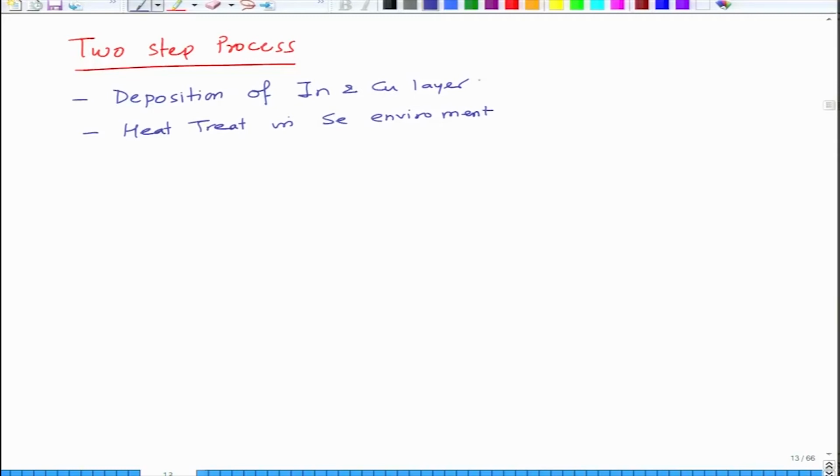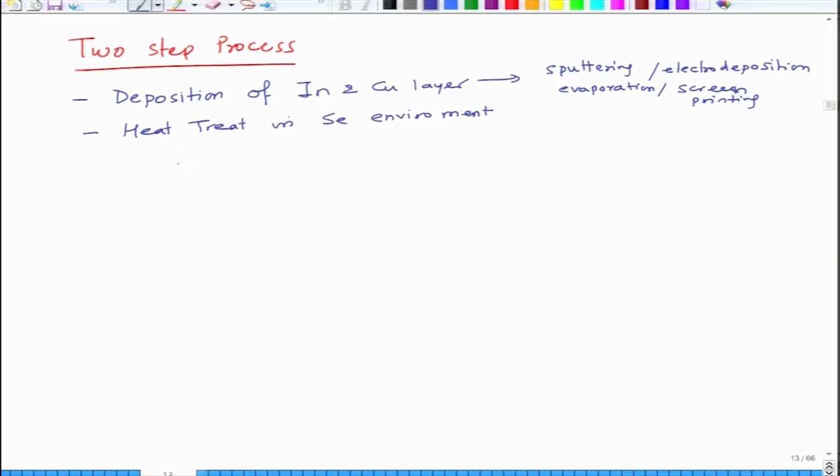Okay. This deposition of these layers is done by either sputtering or electrodeposition, or one can do evaporation, E-beam evaporation for example, or even screen printing. Okay.